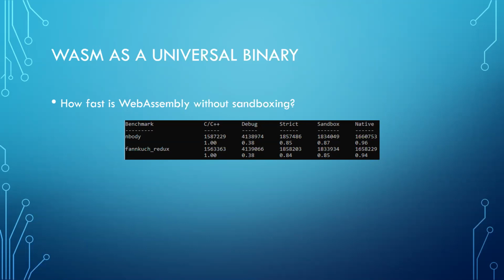And I will note that other runtimes that actually intend to optimize for running inside a sandbox get much better times than this for their sandboxes. But for native, we reach 96% on average native speed for benchmarks and other stuff that we're running.